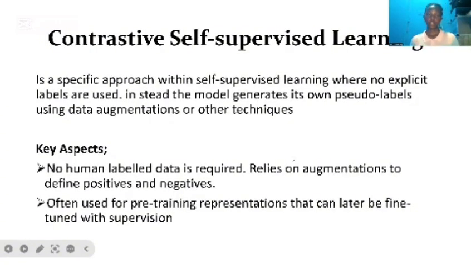Under contrastive self-supervised learning, this is an approach within self-supervised learning where no explicit labels are used. Just as I mentioned before, the model generates its own pseudo labels using data augmentations or other techniques.